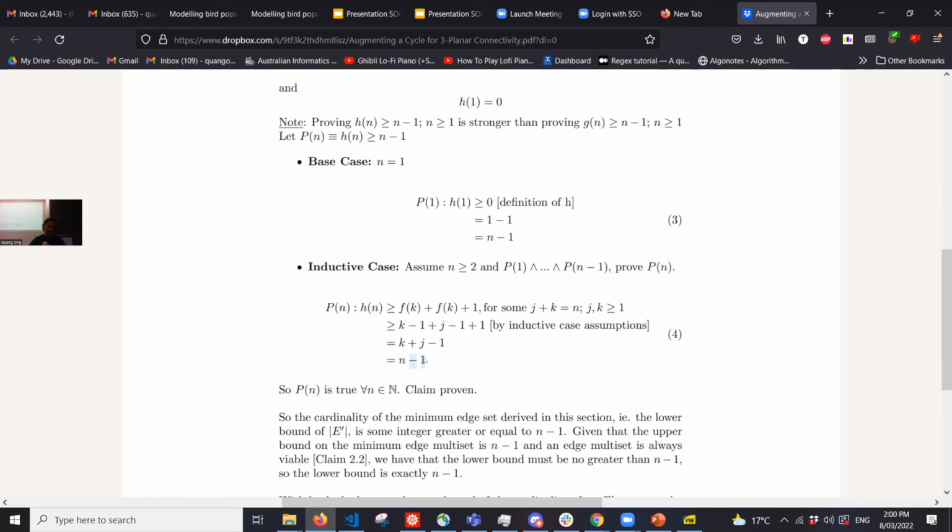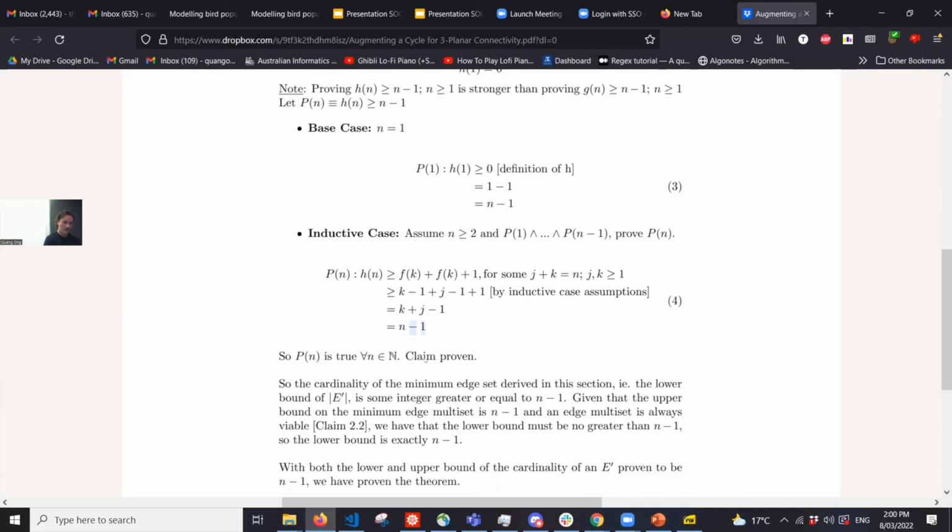But that doesn't actually matter because we have also proven at the very start of this that the upper bound on the size of the minimum set of edges to augment is n minus 1 as well. So if the upper bound is n minus 1 and the lower bound is at least n minus 1, then the lower bound too has to be n minus 1, no more.